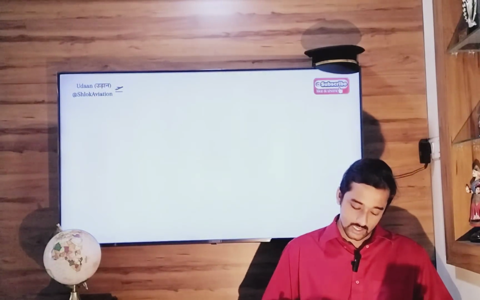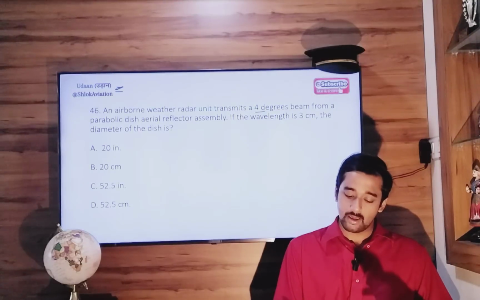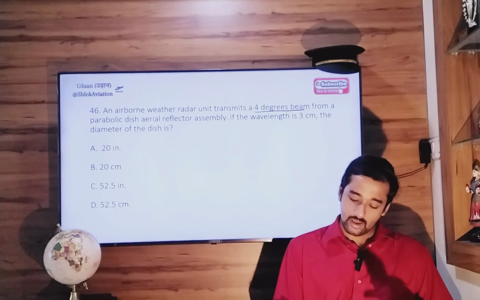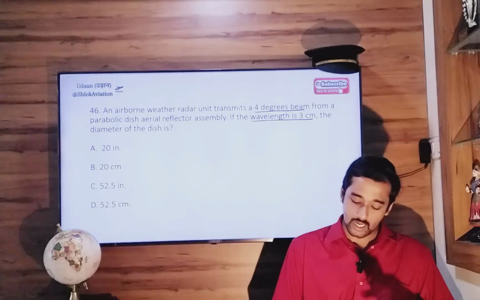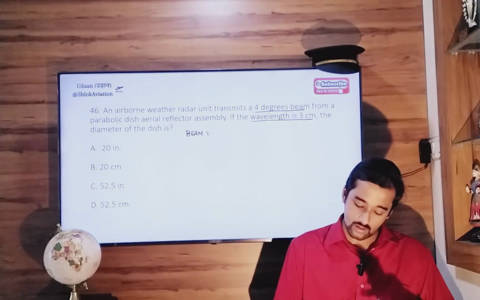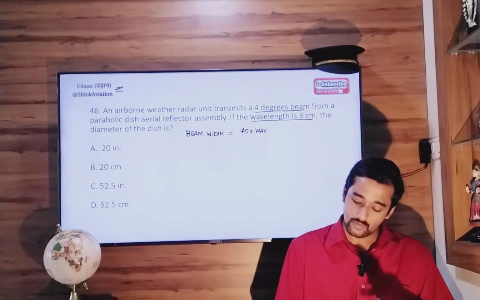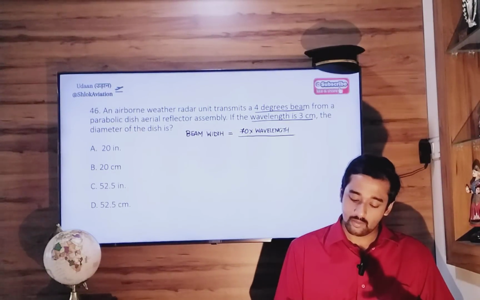Next, 46. Again, 4 degree beam width, wavelength 3 centimeter, what is the diameter? So beam width is equal to 70 into wavelength divided by diameter.